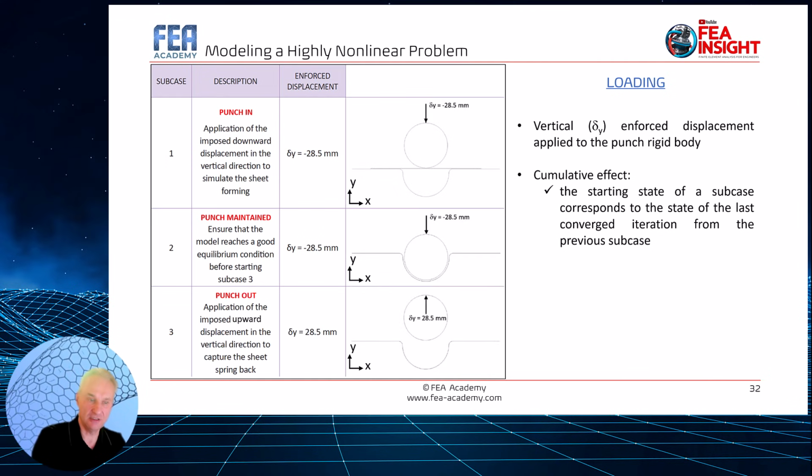It is the application of the imposed upward displacement in the vertical direction, okay, to capture the sheet spring back. It is really obvious, but it's very important to present the sequence and to keep in mind that here there is a cumulative effect during the process.